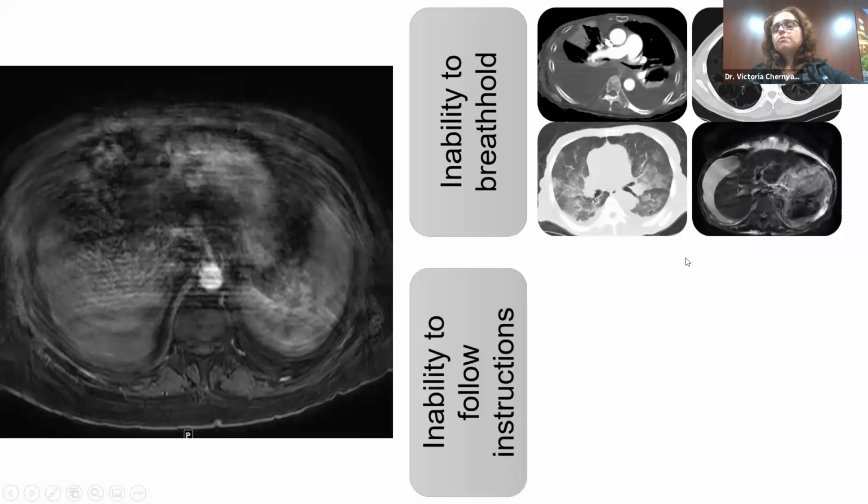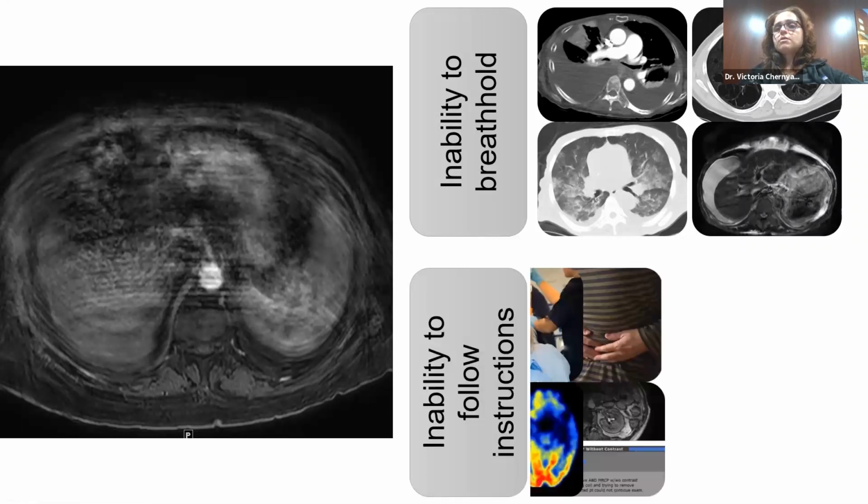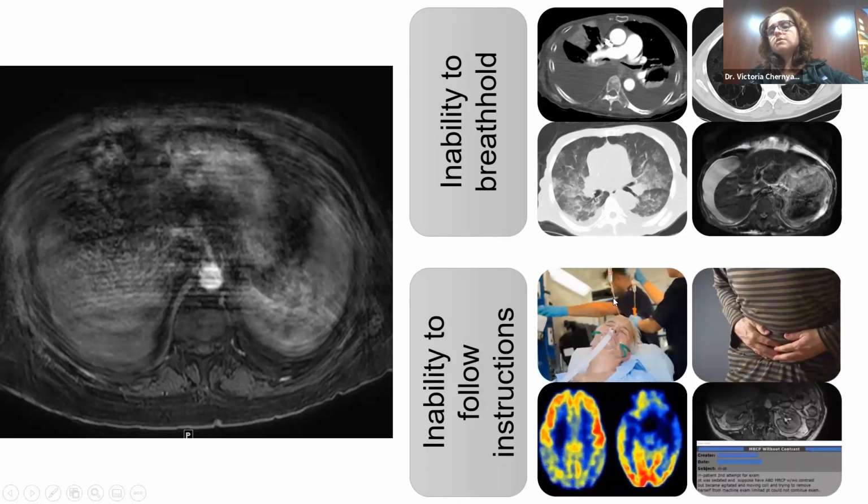And then patients may not be able to follow instructions because they've been sedated and they are obtunded. Patients who are experiencing severe pain may not be able to lie still. Patients with dementia may not be able to follow the instructions. Patients with acute agitation, acute changes in mental status may not be able to do what we need them to do.